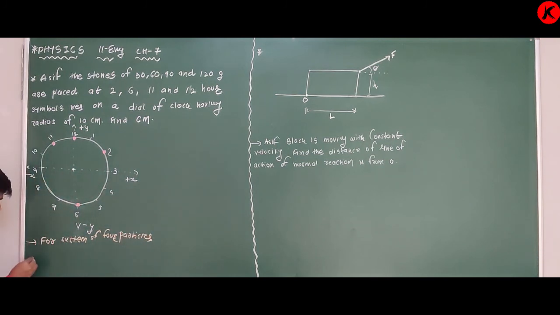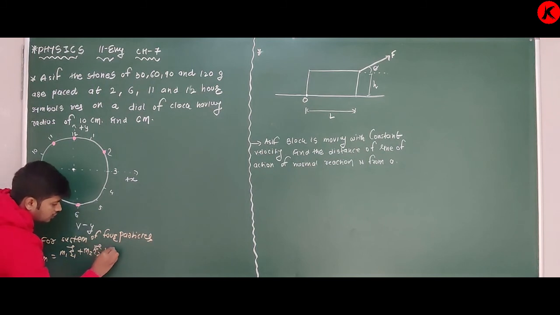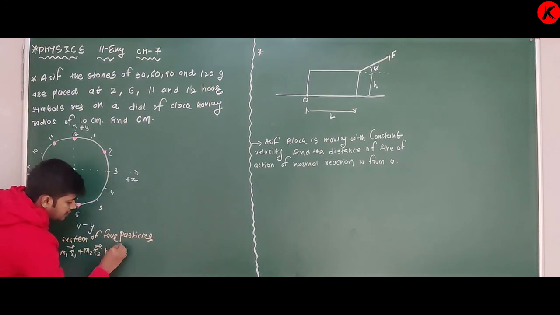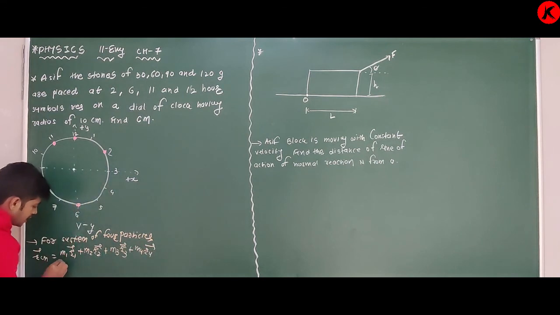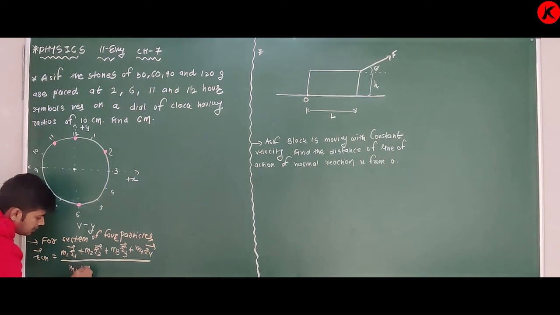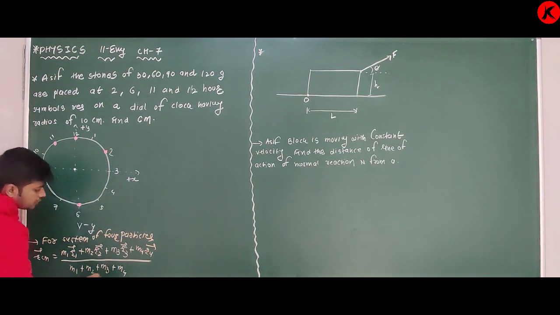Yes, equation is R center of mass is equal to M1 R1 plus M2 R2 plus M3 R3 plus M4 R4 divided by M1 plus M2 plus M3 plus M4.